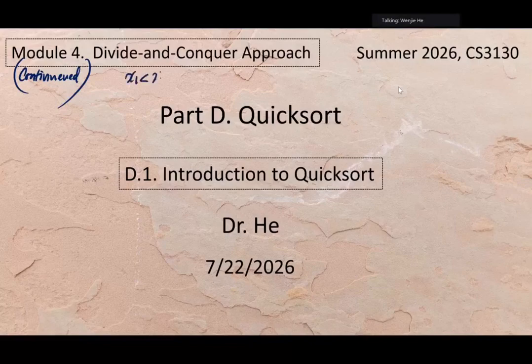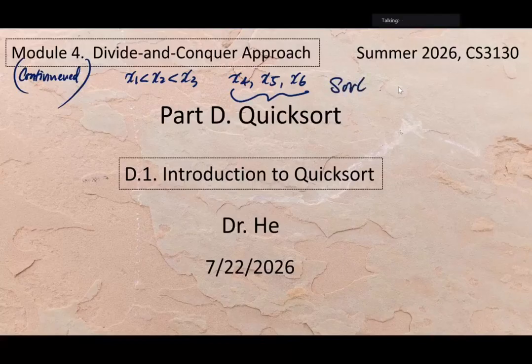x1 less than x2 less than x3. Then x4, x5, x6, with no order information regarding these three elements. Let's sort this subarray.